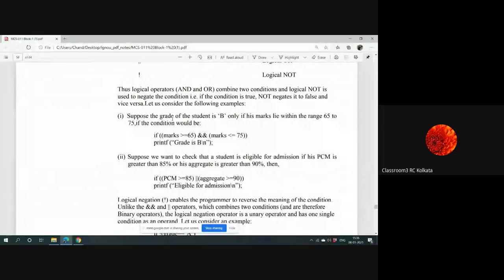So it has to be greater than 65, and at the same time less than or equal to 75. These two conditions are joined with the logical AND, and if this condition matches, then only the statement will be printed as grade B.